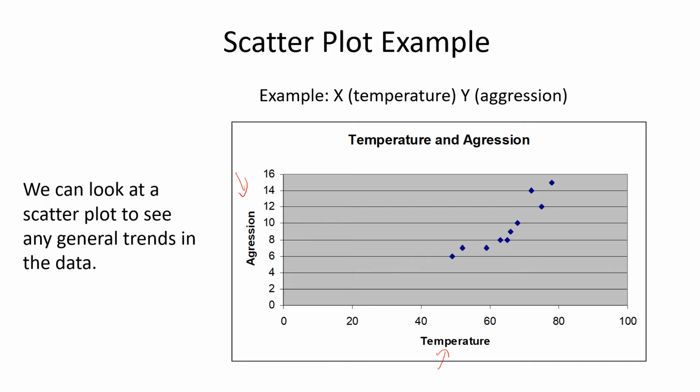All of these can be what you're observing the variable on. In this case, we're measuring it on days, and we've got the average temperature of the day and the amount of aggression that occurred on a day. These could also be individuals. It doesn't say specifically. These could be individuals, and they measured it on the day.